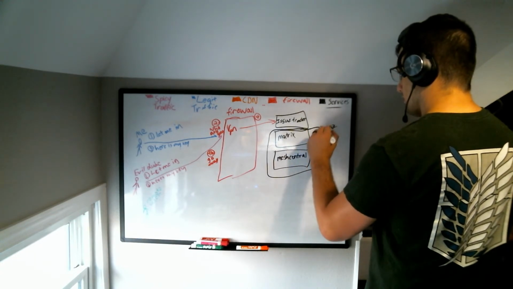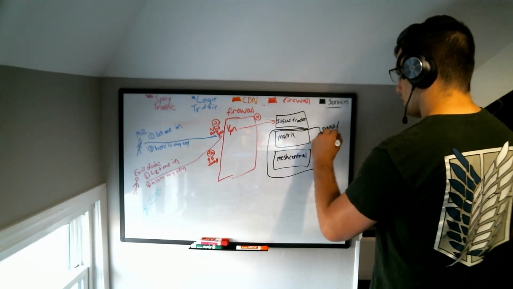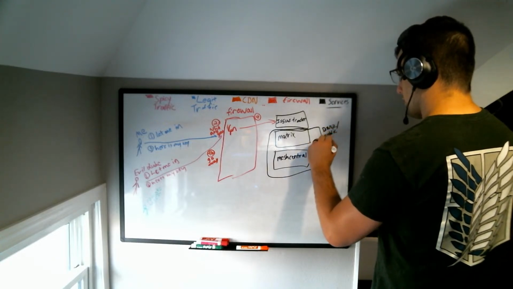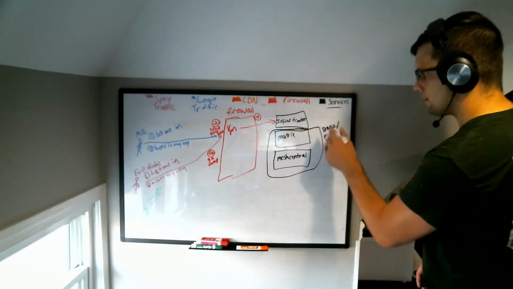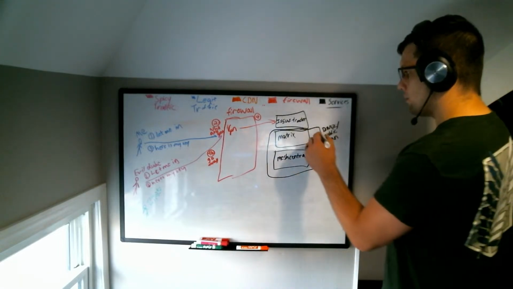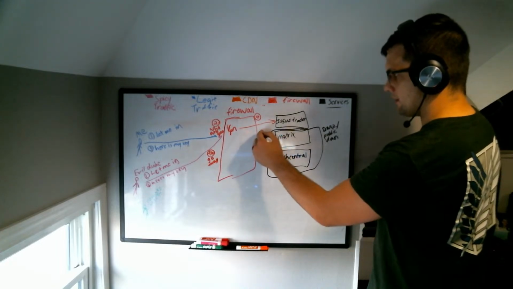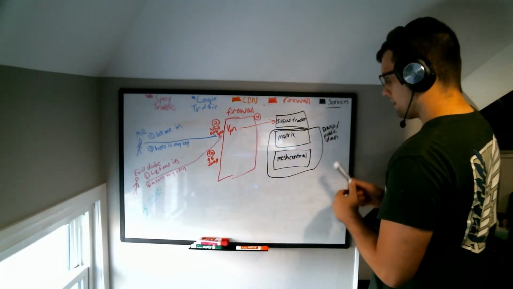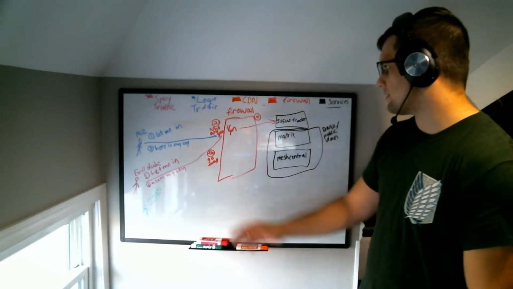DMZ, public VLAN. So these servers, since we're going to be exposing them to the internet, we want to block off these servers from the firewall. And now we need to come up with a different authentication scheme.